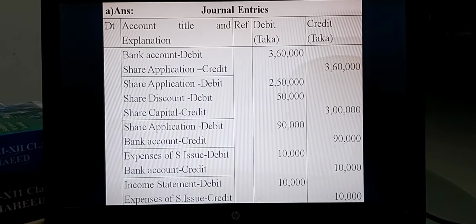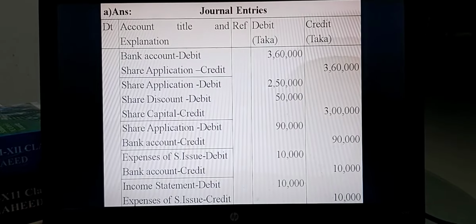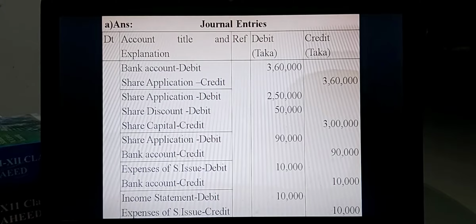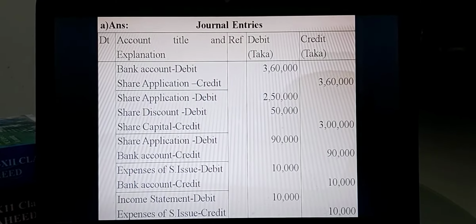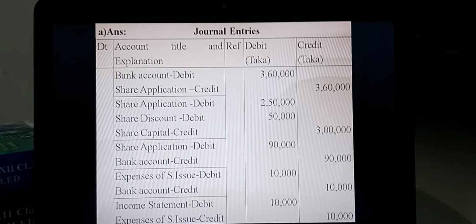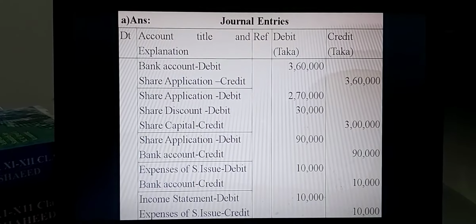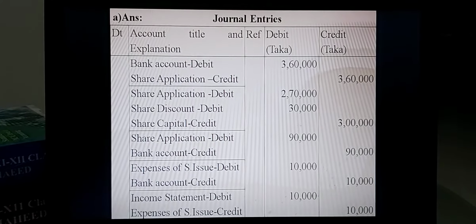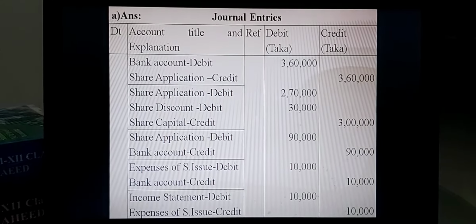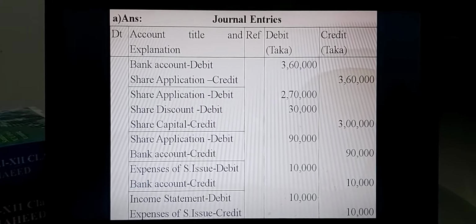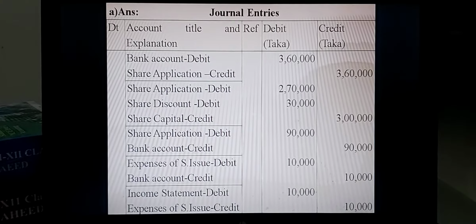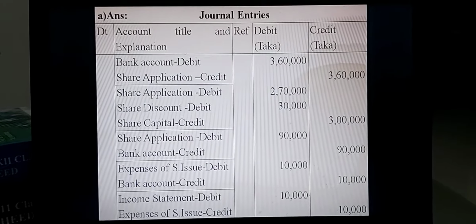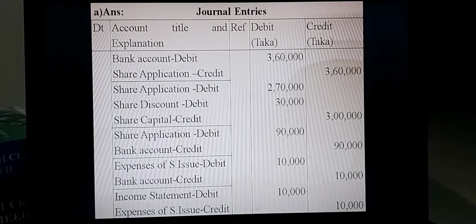Dear students, the second journal is share application account debit, share discount account debit, share capital account credit. Share application is debited for 30,000 into 9, that is after deducting discount.